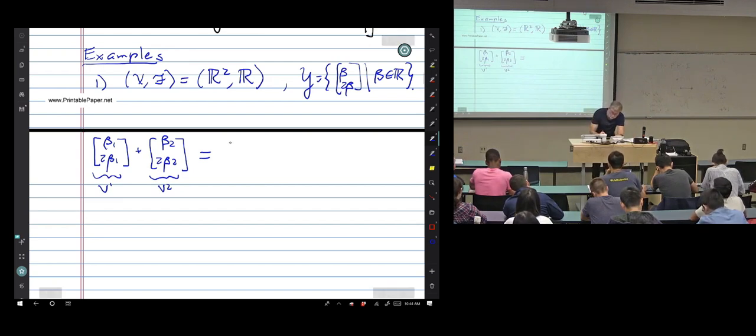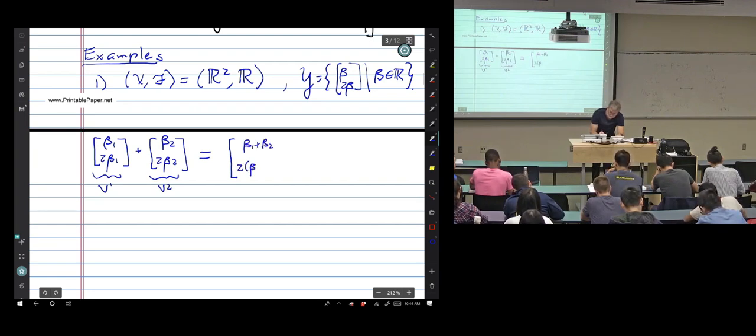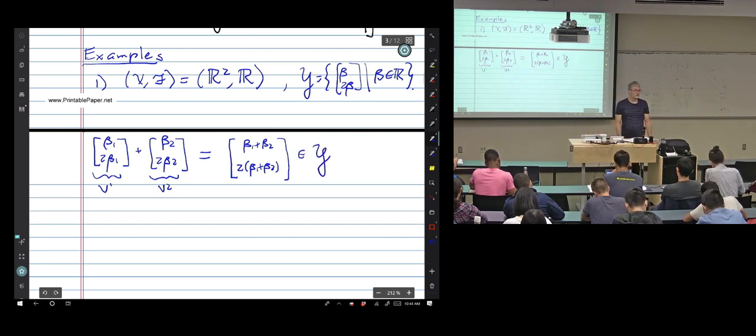Let's do it. So this is now beta 1 plus beta 2, and I'll leave out one step and just write this as 2 times beta 1 plus beta 2. So that's in Y. Closed under vector addition.